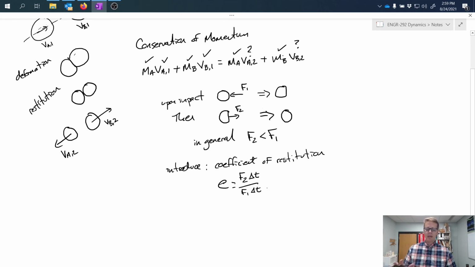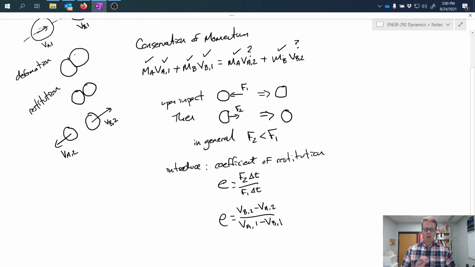And we can then equivalently write this in a form making use of the velocities.